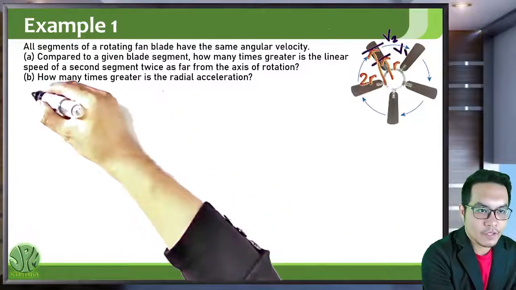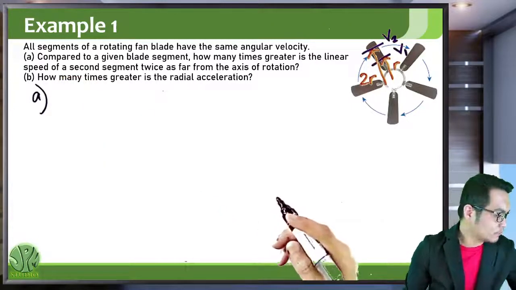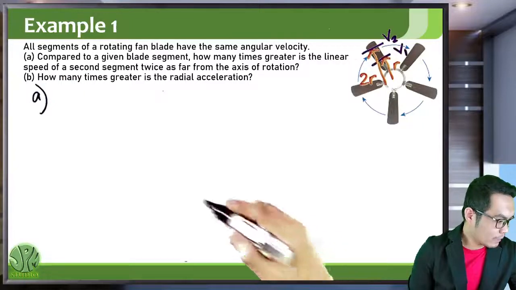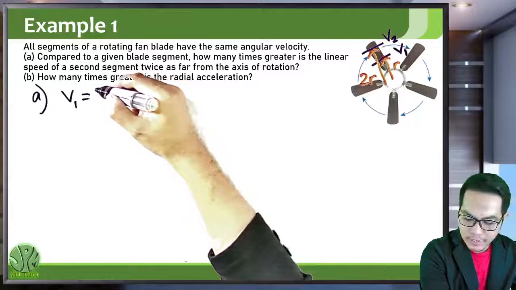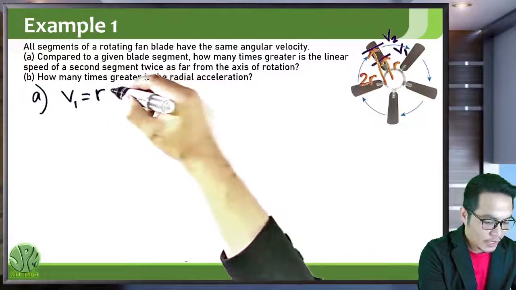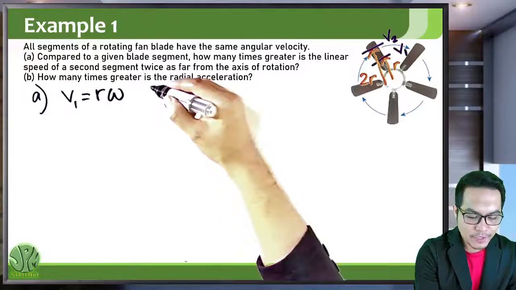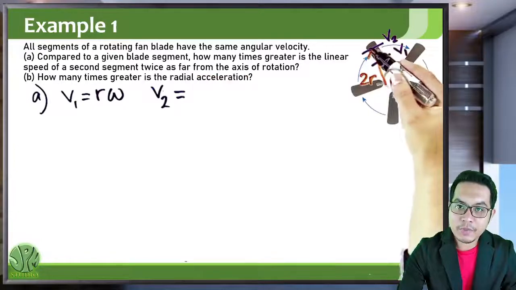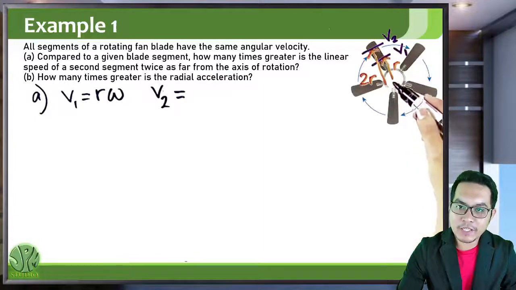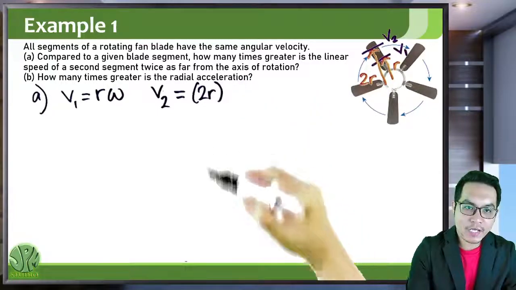So for letter A, for segment 1, v1 is equal to its radius r times its angular velocity omega. That is v1. How about v2? The velocity of segment 2 is just the distance from the axis of rotation, which is now 2r, times its angular velocity.